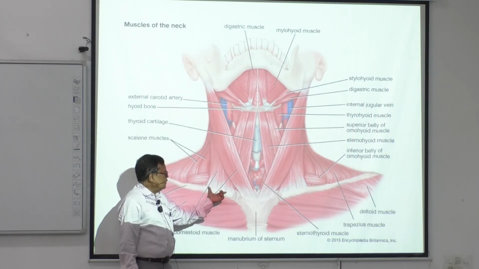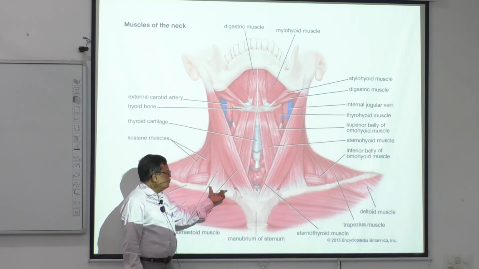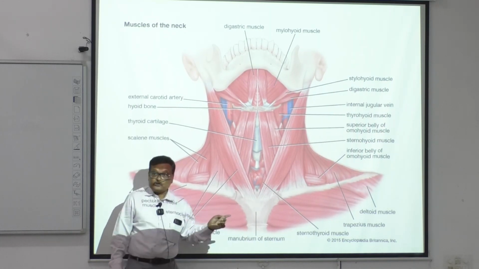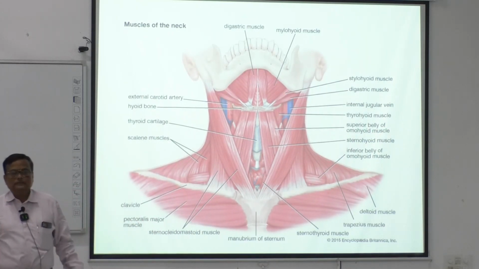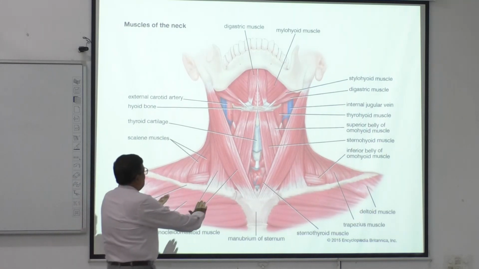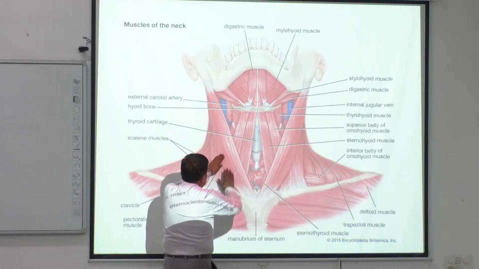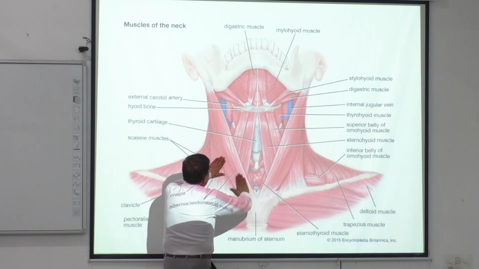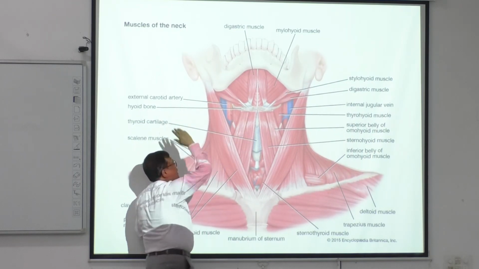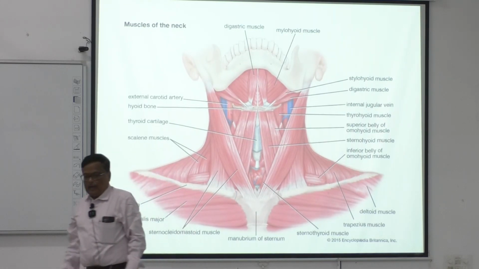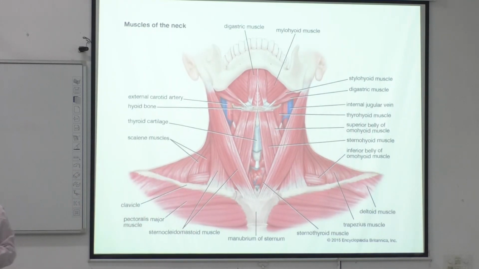Clavicular head from the middle 1/3 of the superior surface of the clavicle, and these two heads ultimately join, the clavicular head deeper and the sternal head superficial. Then it proceeds upward and it is attached.